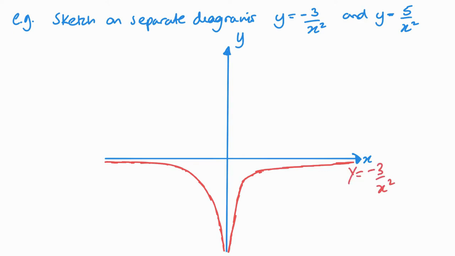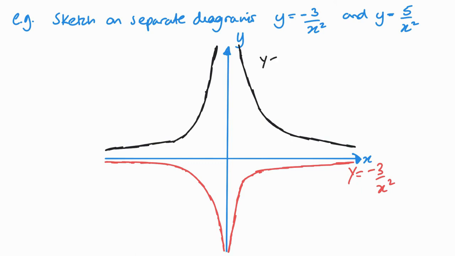Now when I'm drawing the second one, it's a positive k, so it's 5 over x squared, so it's going to be at the top. But I want to make it obvious that it's a bit further out, so it's still going to head towards the axes, but I want to make it more obvious that it is a larger value and it is going to be a little bit further out from the axes compared to my minus 3 over x squared.